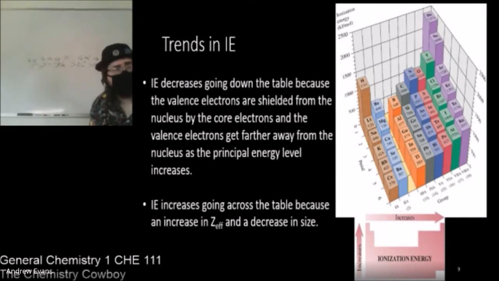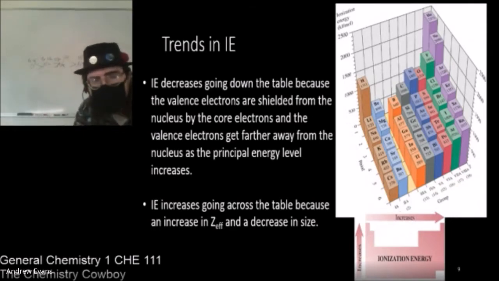Higher Z effective means higher ionization energy. As we remember, going down the table, effective nuclear charge went up a bit, but size also went up. So the trend is that the more closely the electrons are held to the nucleus, the harder they are to remove.